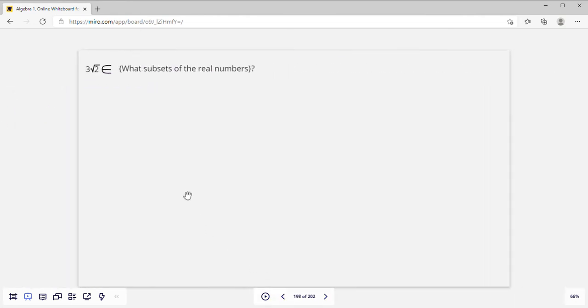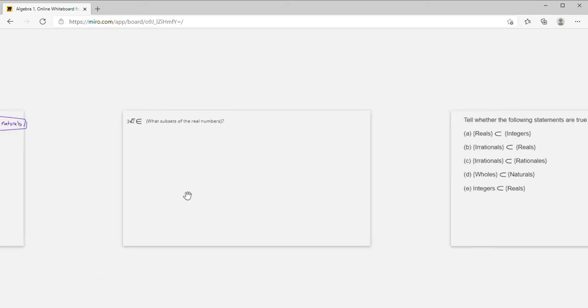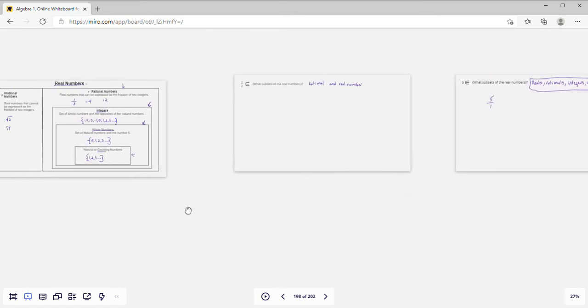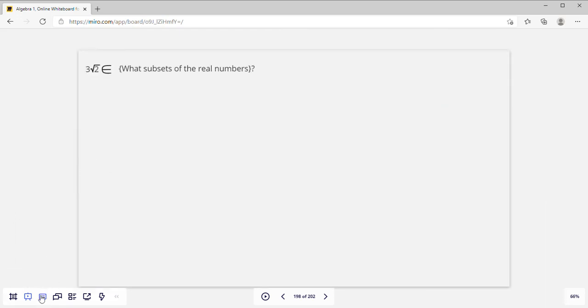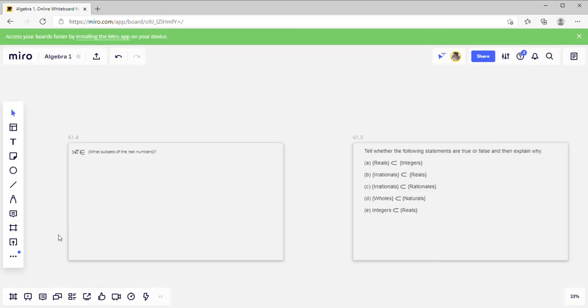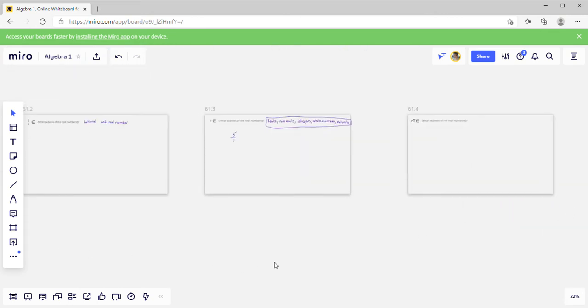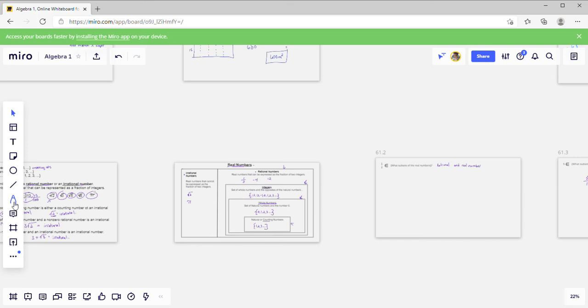All right, 3 times the square root of 2 is a member of what subsets of the real numbers? Okay, so we start off with, and use this chart. Go back and look at it if you need to. So I'm going to copy this chart so I can paste it over there by the questions so we can look at it while we're figuring these out.